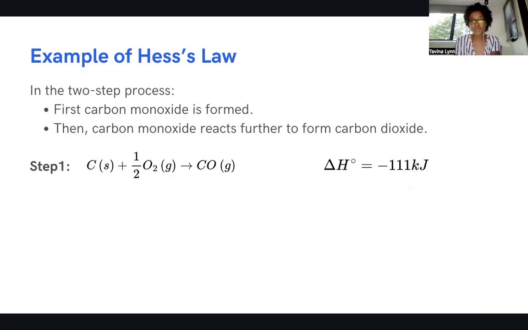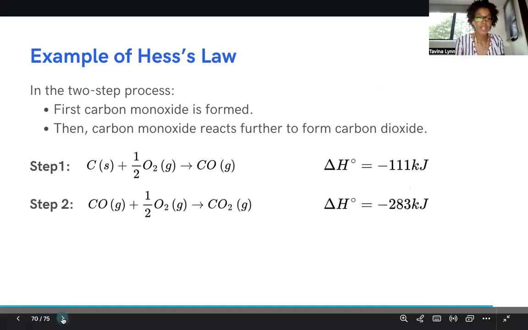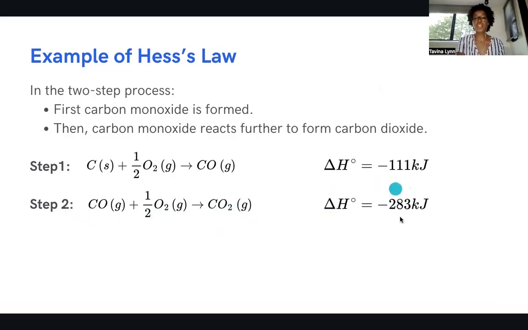If you're into numerology, what do we think that means? Why do we have these 111s? And it's step one, so it's really like 1111. So this is step one. Now, step two, carbon monoxide reacts with more oxygen gas, and then we get to our carbon dioxide. And this step's enthalpy change is negative 283 kilojoules.